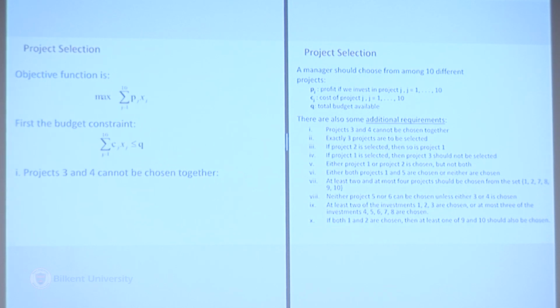All right? So let's see. It says projects 3 and 4 cannot be chosen together. Any ideas how to do that? Yes? x3 plus x4 is smaller than or equal to 1. If we write x3 plus x4 less than or equal to 1, then in the optimization, some cannot be more than 1, some can be 1, some can be 0.